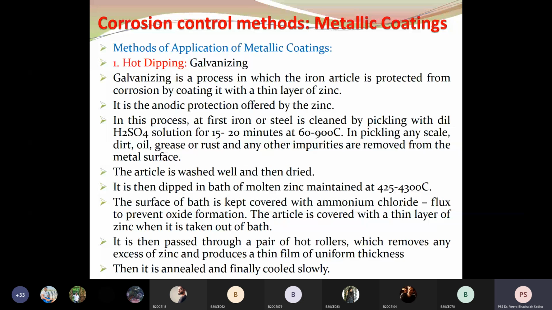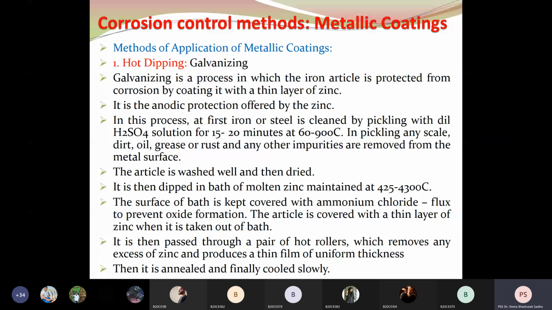So you have to clean the surface. If you directly take an already dirty or rusty iron rod and dip it into the liquid zinc, you won't get a uniform thickness. That means you won't protect your iron well. So you have to clean the iron.